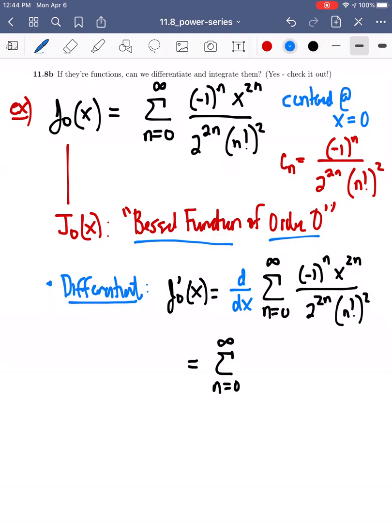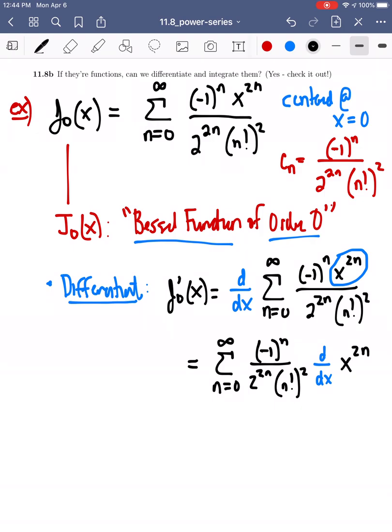And looking ahead into this summation, the only thing it's really going to affect in this power series is that x^(2n) term. That x^(2n) term is the only term with x dependence. So it's going to bypass that (-1)^n. It's going to bypass that denominator that has a 2^(2n) and an (n factorial) squared. And the only thing that derivative really cares about is that x^(2n) term.